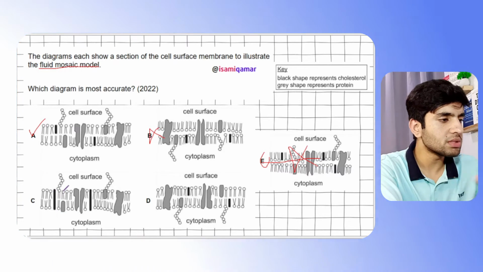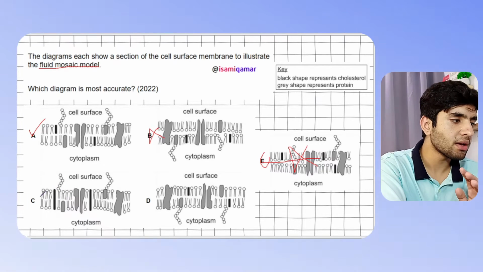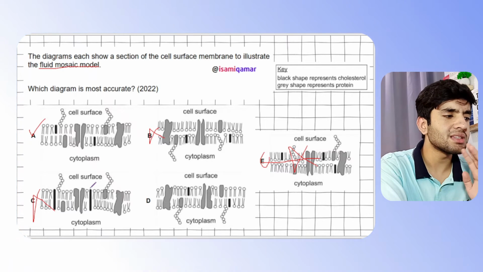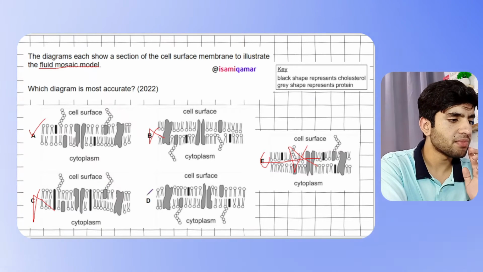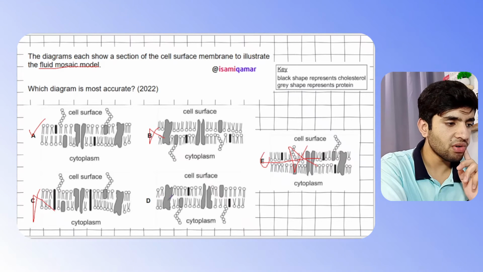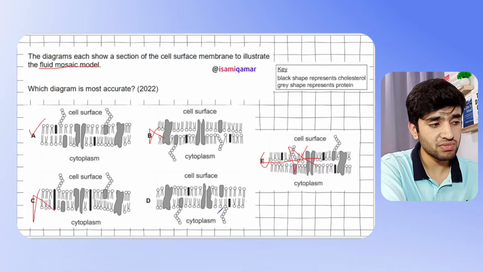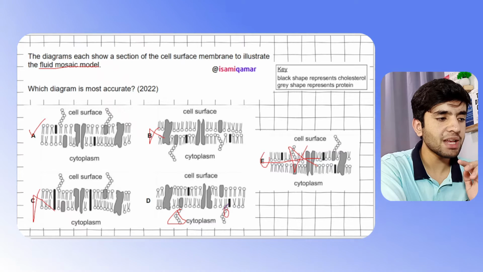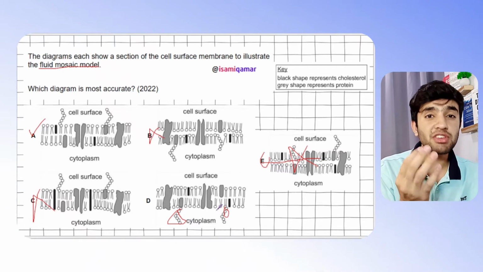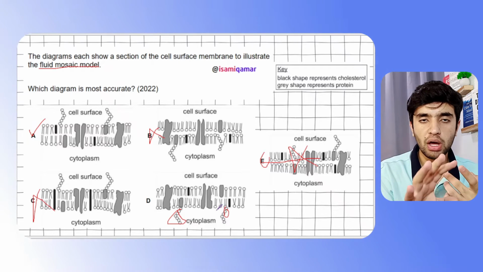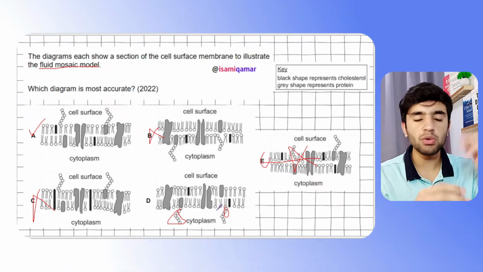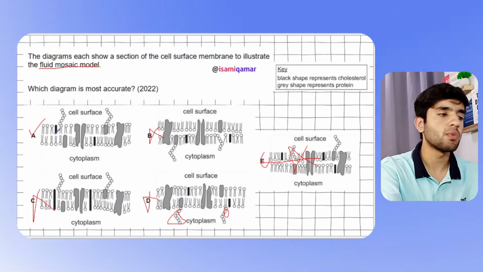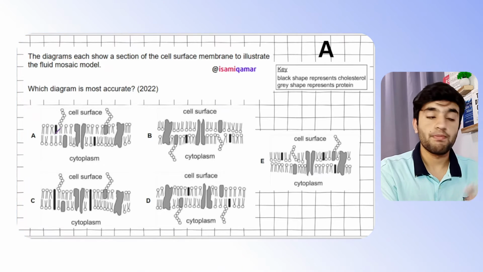That doesn't make sense, so just cross it out. In option D, again the glycolipids and glycoproteins are inside, and glycolipids and glycoproteins are cell surface markers. You see antigens on RBC, these are cell surface markers. These will lie outside, so this can't happen. So this will be crossed, and option A is true.